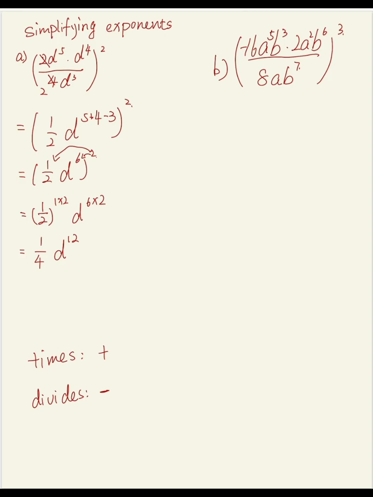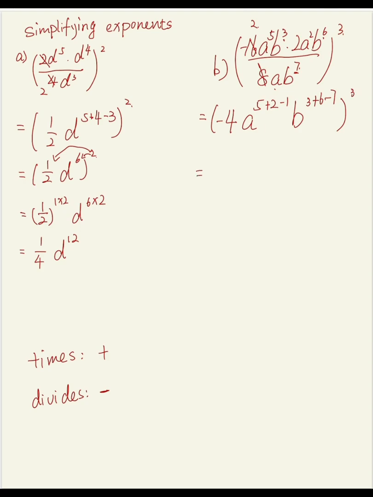For the second one, we need to simplify the coefficient first. For the 16 and 8, we know this is for 2, and then for the coefficient 2 and 2, it's -4, and for a we have 5 times a squared, so we add 2, and divide a and -1, and for b is 3 times 6 and divide 7, subtract 7, and then raised to the third.